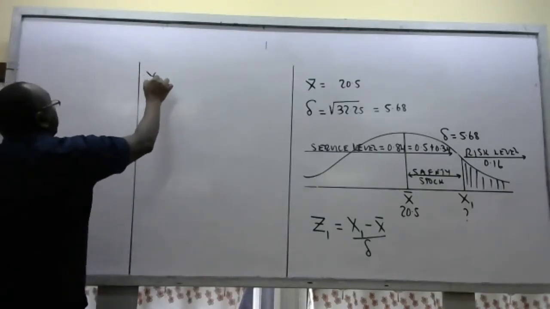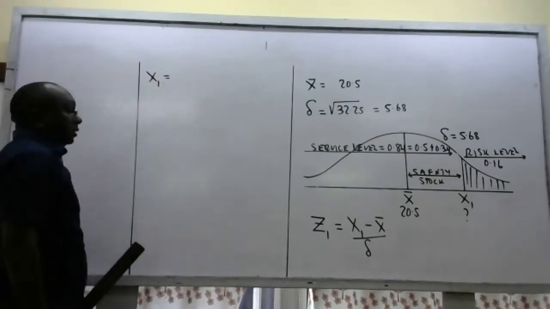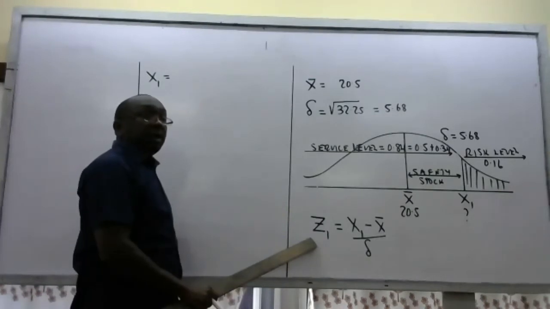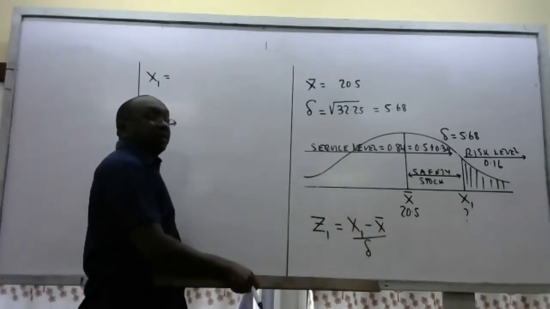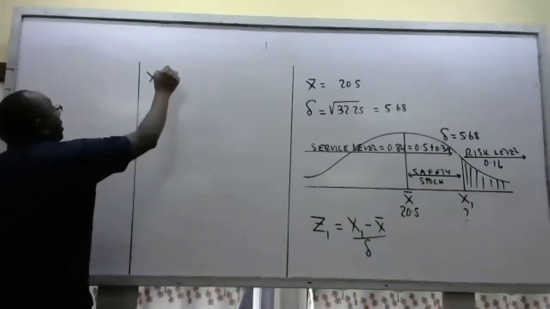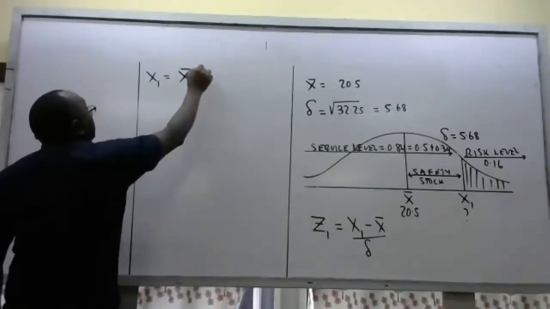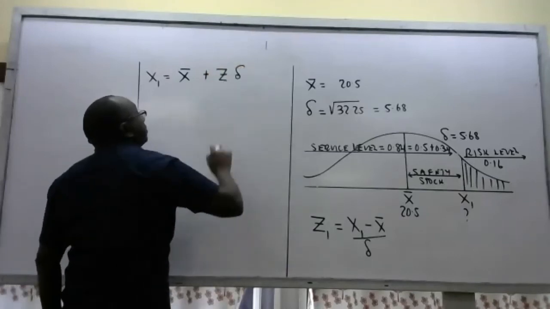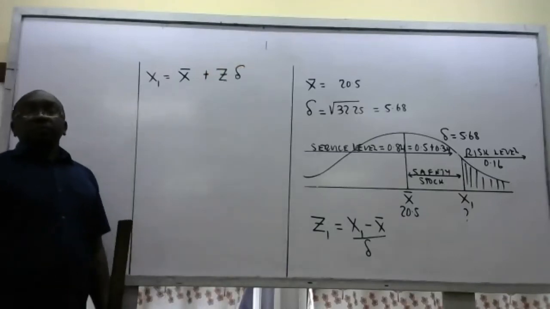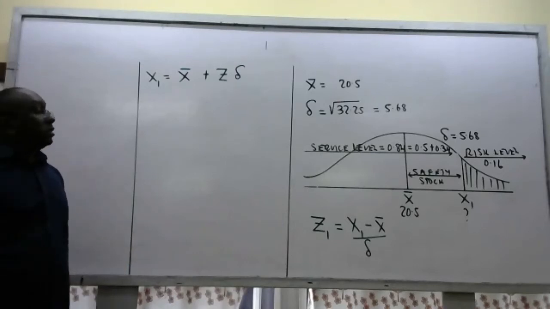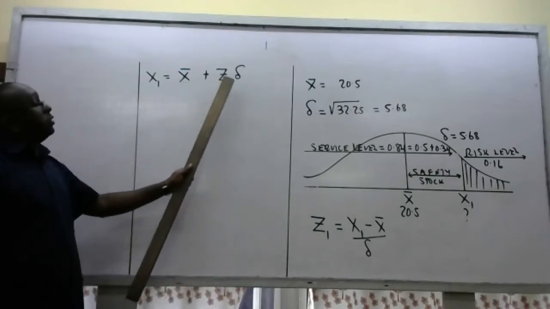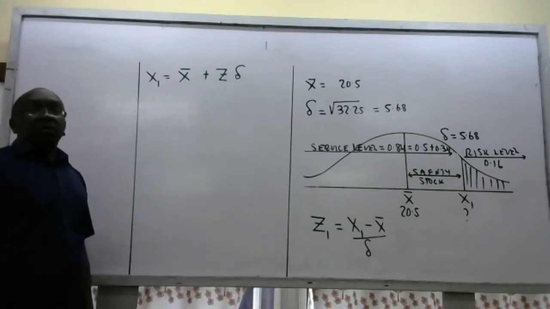If you want to be left with X1, you multiply by the standard deviation, so that we are left with X bar plus Z standard deviation. So we already know X bar, we also know standard deviation. The one we do not know is Z.